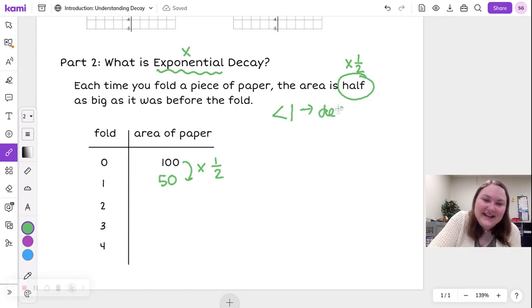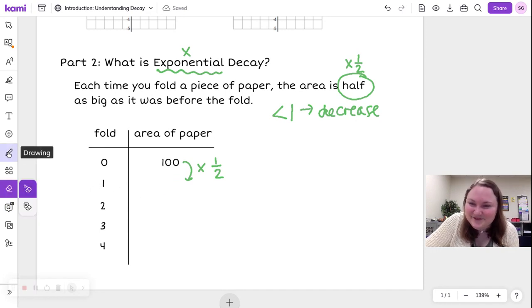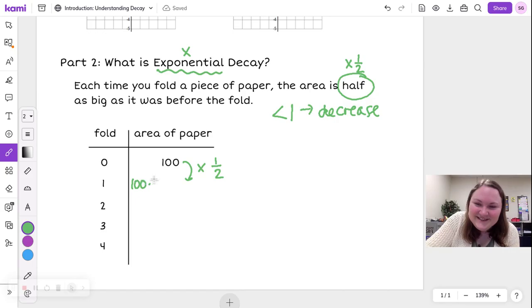That is how you get those numbers to decrease. So something like 1/2, 2/3, 0.1, those are all numbers that are less than 1, and when you multiply by those numbers, it makes the numbers go down. And so for that first fold, I can say, and I'm going to move this over, 100 times 1/2, that gives me that area of 50.